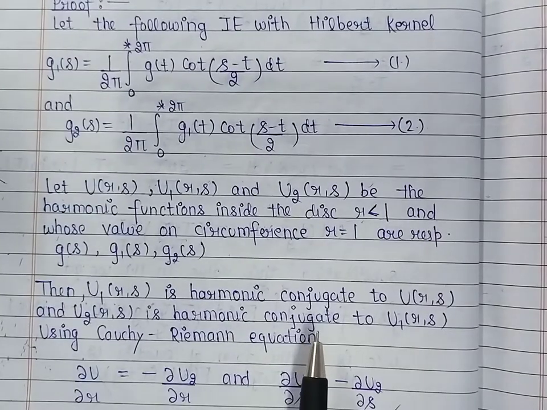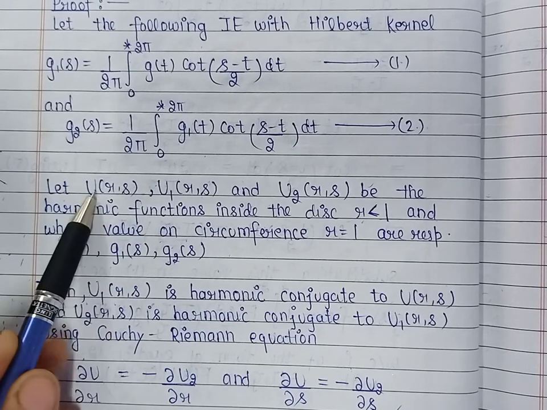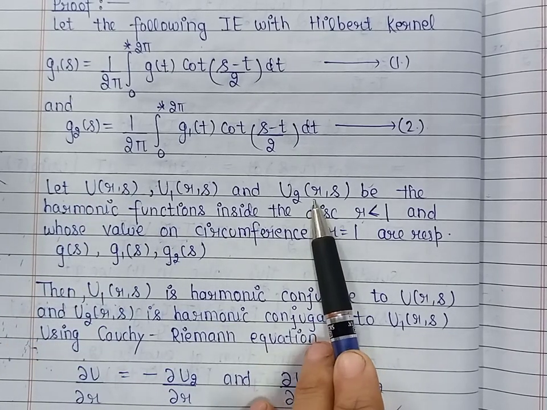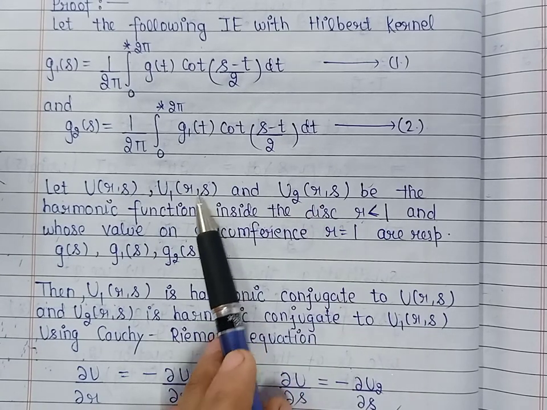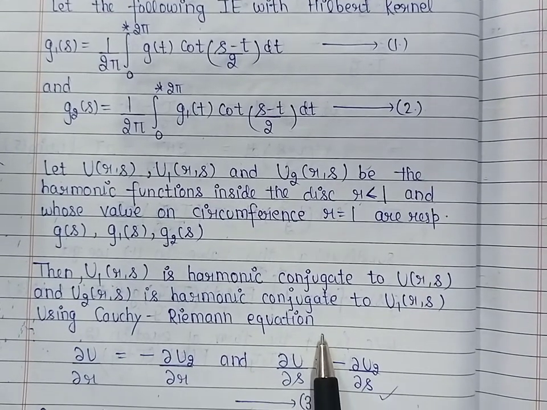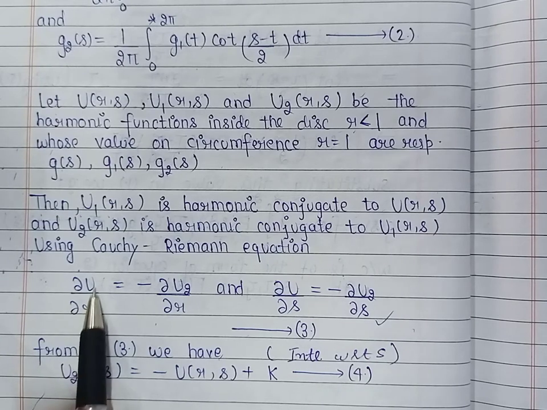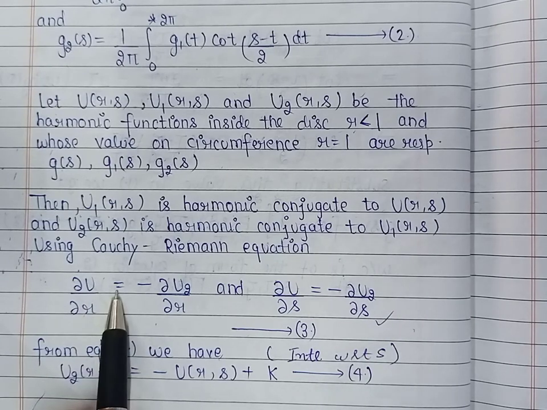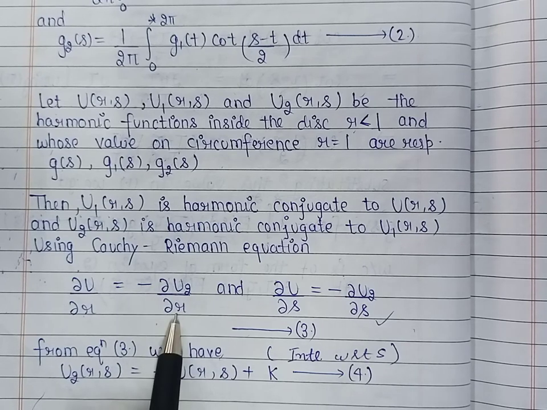Then the function u1 is the harmonic conjugate of the function u, and the function u2 is the harmonic conjugate of the function u1. Now we can use Cauchy-Riemann equations. By using Cauchy-Riemann equations we have partial derivative of u with respect to r is equal to negative of partial derivative of function u2 with respect to r.